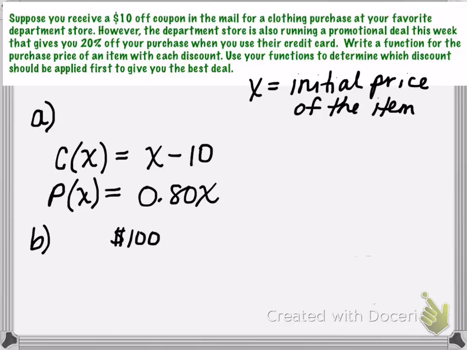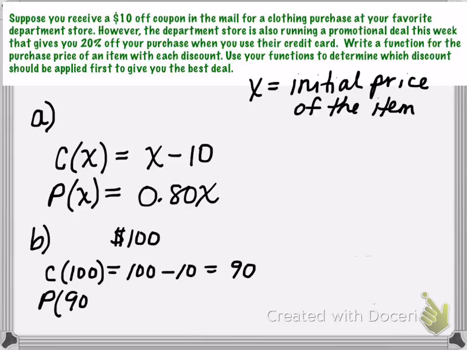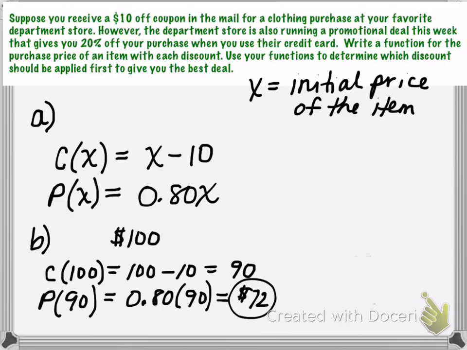If we use the coupon first, that would be C of 100. So our $100 item, we get $10 off. Now it costs us $90. And then if we apply the percentage on that $90 item, we'll be paying 80% of $90. In other words, in the end, I'd end up with an item that cost me 72 bucks.